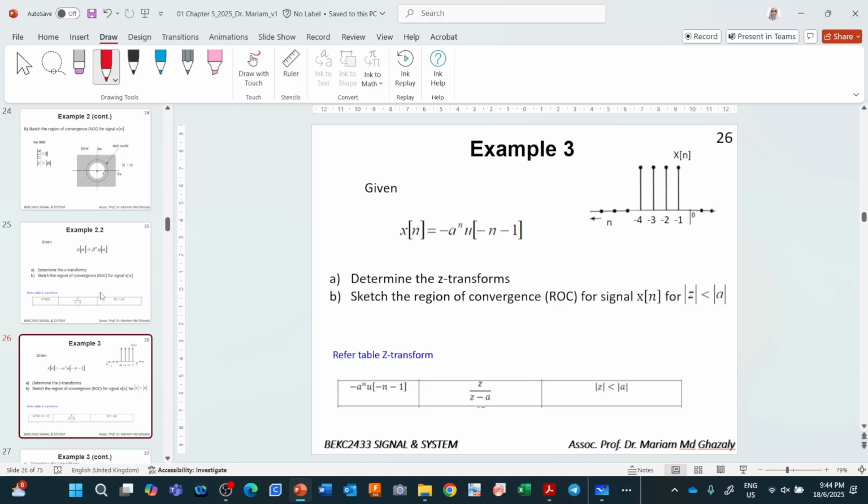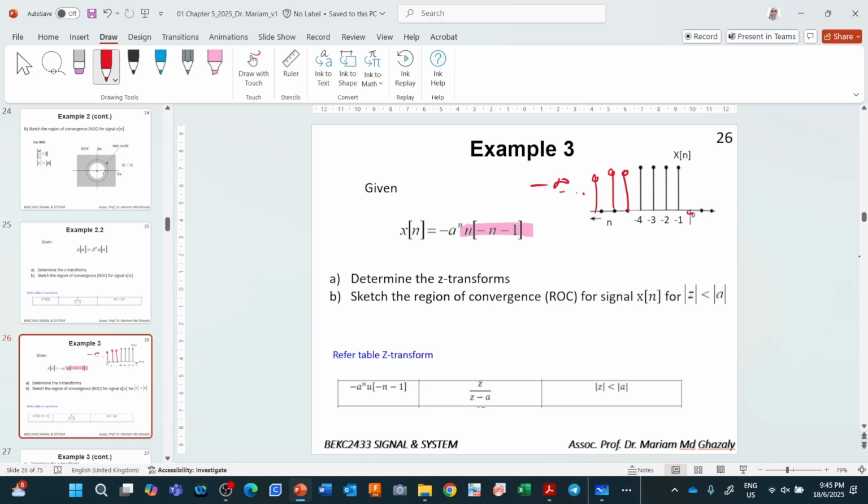Left-sided, because you have u[-n-1]. So you basically have the left-sided. So this one is also wrong. I don't know why the book is wrong. It goes to minus infinity, and at the 0 point you have a 0. Okay, so this is a left-sided sequence.